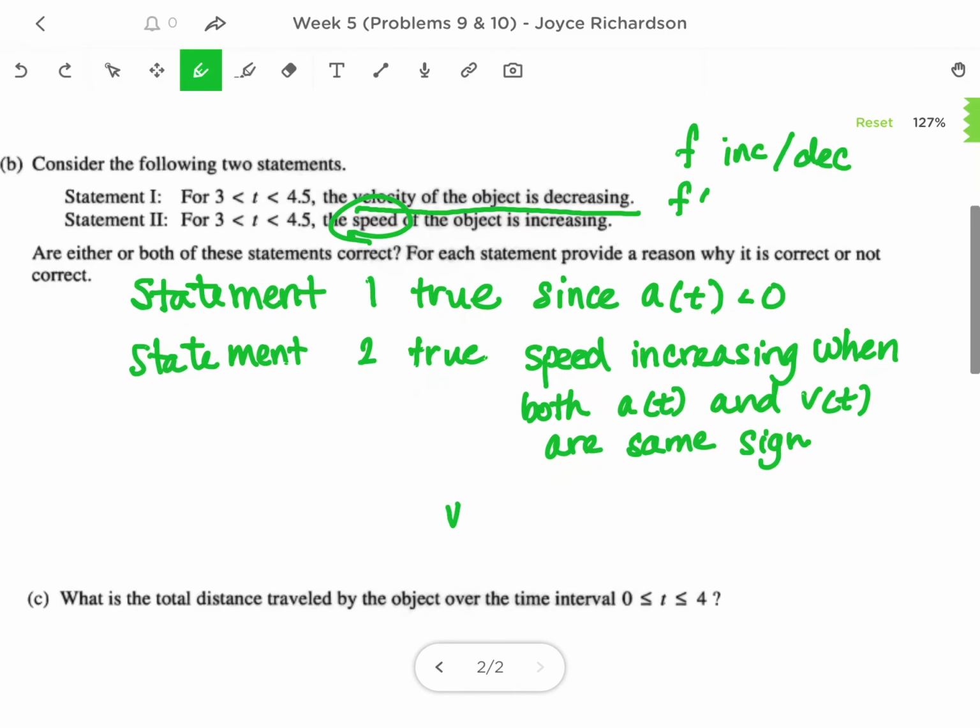Okay, so in this, we know that v of t is less than 0, but we also know that a of t is less than 0. So therefore, speed is increasing.